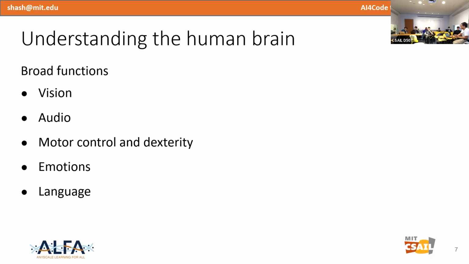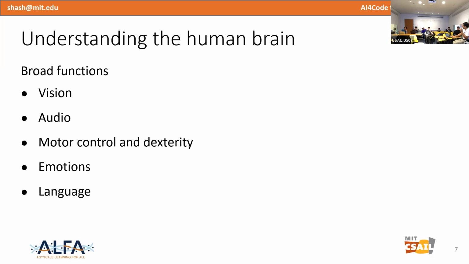So this is some 101 about brain organization, which was fairly startling to me when I first came across it. What I knew when I started off was that there are specific areas in the brain earmarked for, say, vision processing and audio processing and motor control and so on.